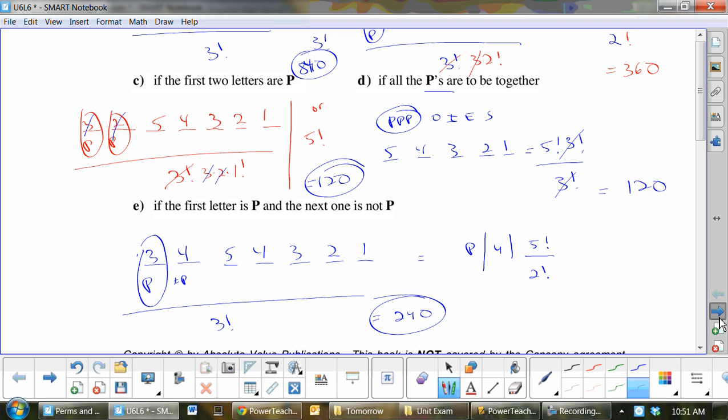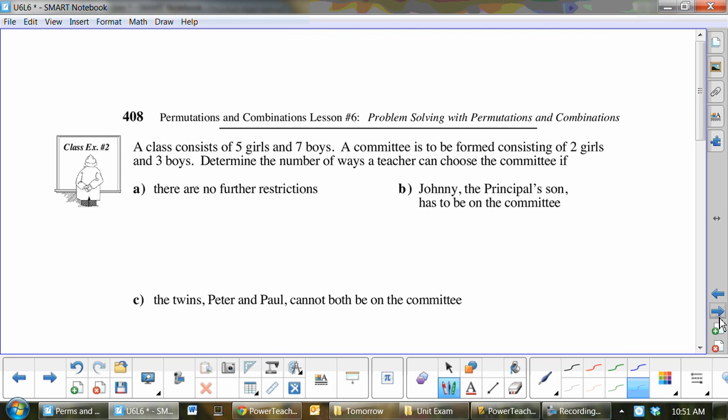Okay, next one. We got a class consisting of 5 girls and 7 boys, and a committee is formed consisting of 2 girls and 3 boys. Determine the number of ways you can choose a committee, and there are no restrictions. How would I pick this committee? Luke, how would we start this one?